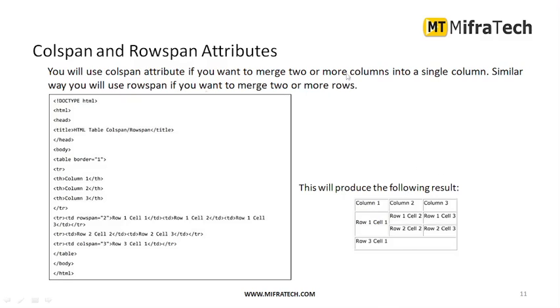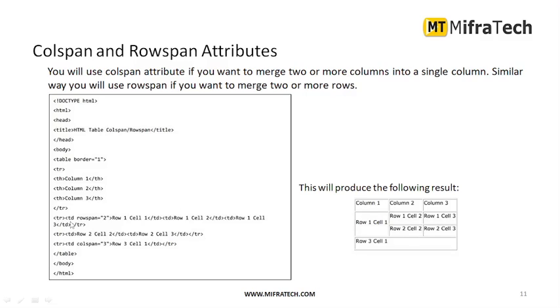Now let's come to the code, how the code has been designed. Table border 1, tr, th, td. Here you can see the table header has been created, column 1, column 2 and column 3, and the first table row has been closed.